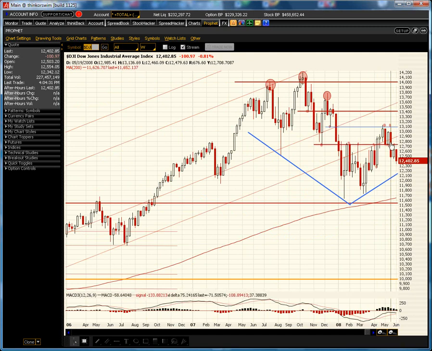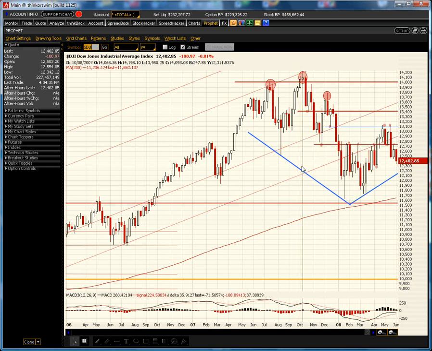How long we're actually going to be in some sort of consolidation phase, going between, let's say, 13,400 and 11,500, I have no idea. It could take years before we get out of this consolidation area and attempt to break through 14,000. But I am pretty sure of one thing.